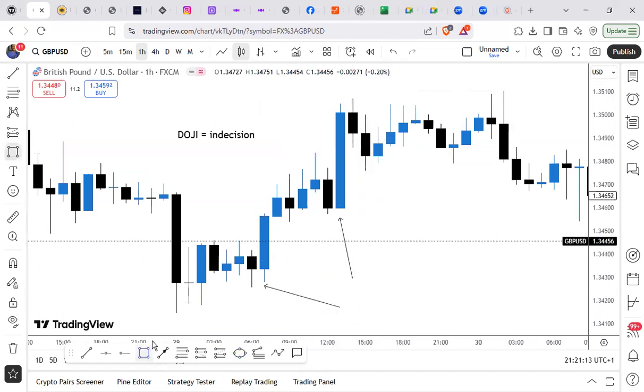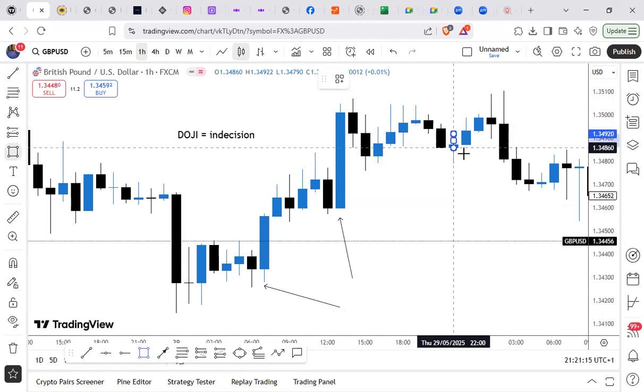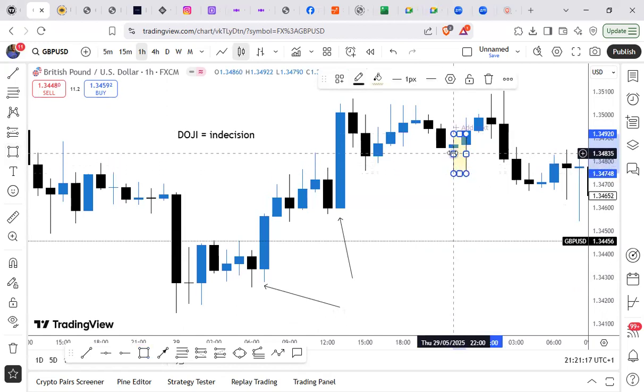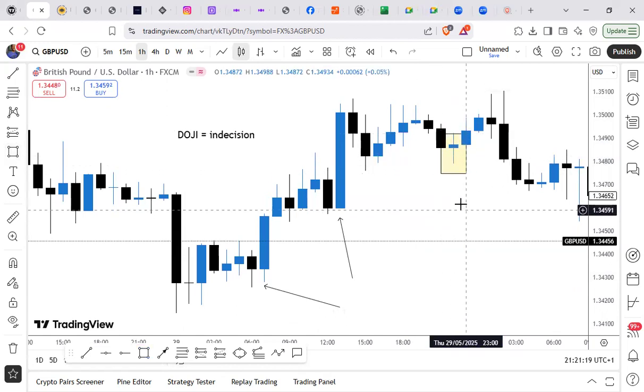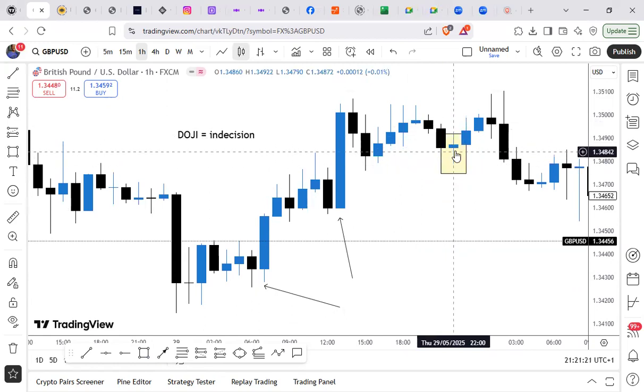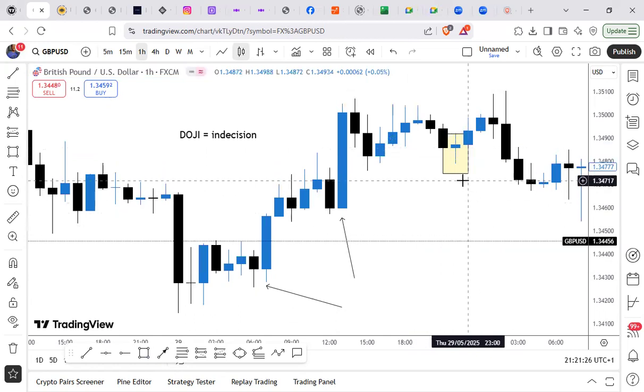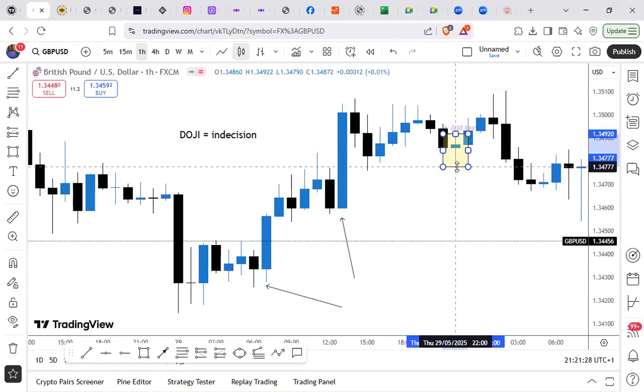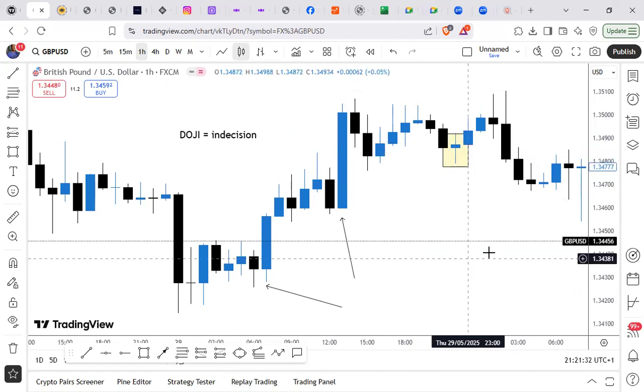Let me use the rectangle to showcase. Now see this cross here, this blue cross candle. That's what we call the doji candle.